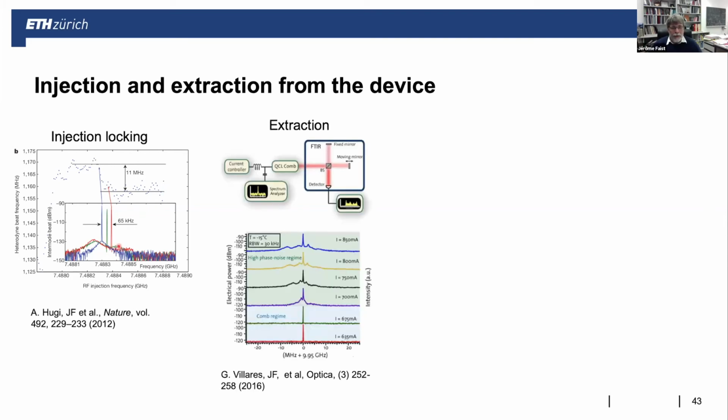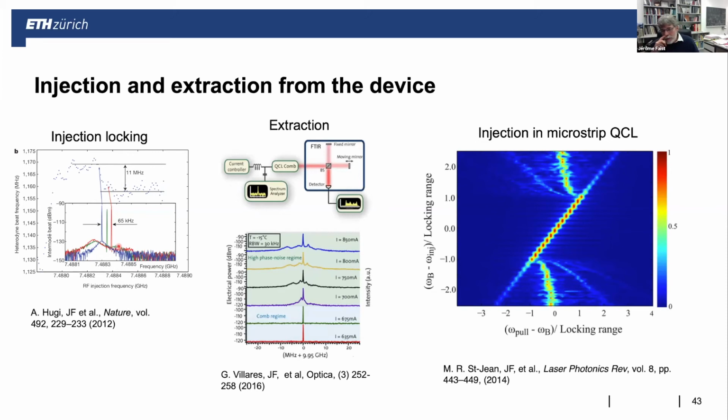As I said, we can extract. And actually in work that was done in collaboration with Carlos Sirtori's group, they showed that if you have a microstrip quantum cascade laser, you can actually lock this device over a much broader frequency range.